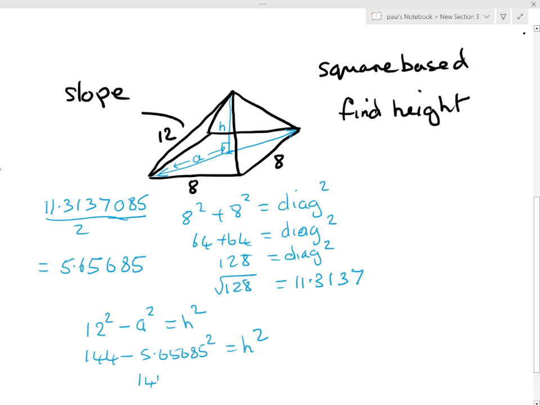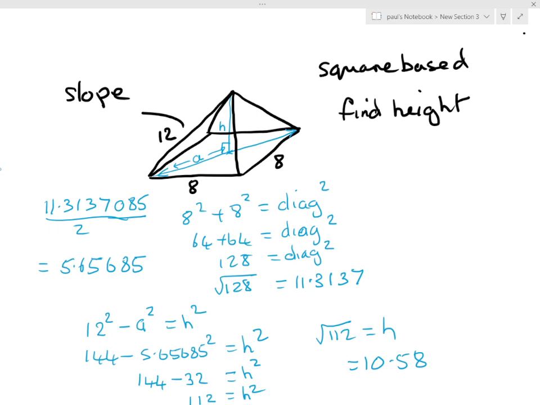So 144 minus 32 equals the height squared. See, this is why if you put as many numbers in the decimal, it comes up to a lovely number there. So this is 112 equals the height squared. So the square root of 112 equals the height. The square root of 112 is 10.58, whatever it might be, centimeters or meters or something.